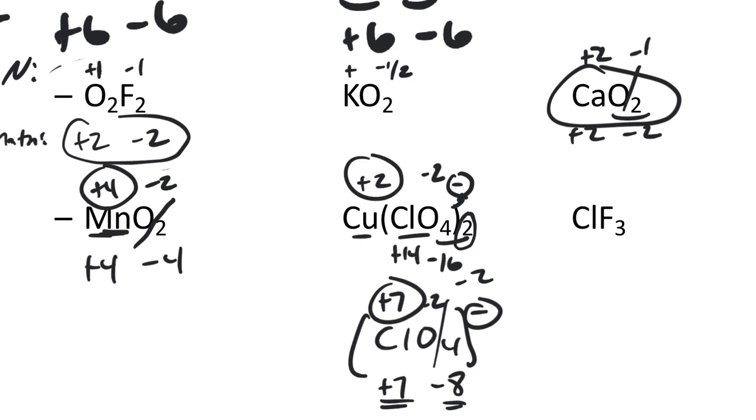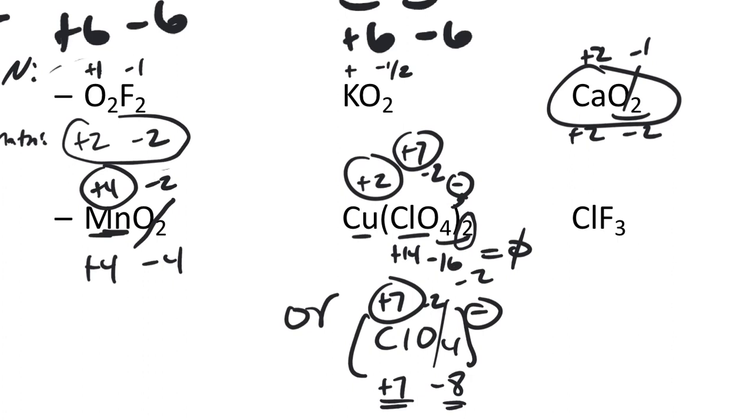So +2 + 14 gives us 16, -16 gives us neutral. So this is how we can get to the compound being overall neutral if we wanted to do this with the formula given instead of separating out the perchlorate ion. And so +7, 2 chlorines, +7 for each. So the oxidation number of chlorine would be +7.